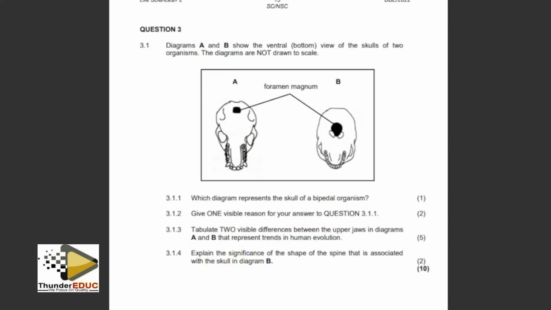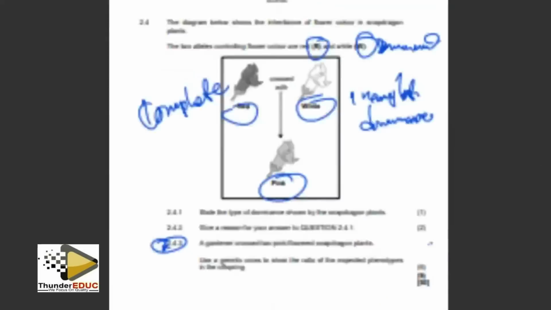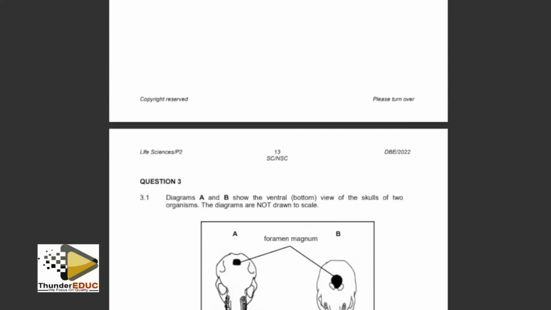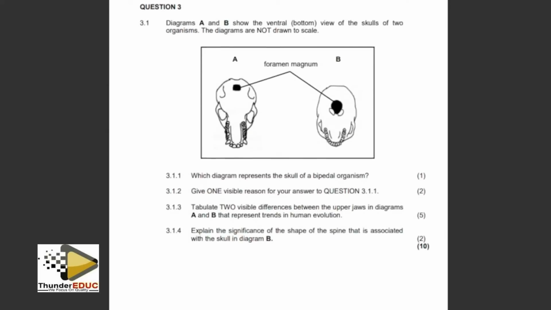Now we have 3 factors which affect bipedalism, and they can also ask you the advantages of bipedalism. You can see far, you can hold objects.